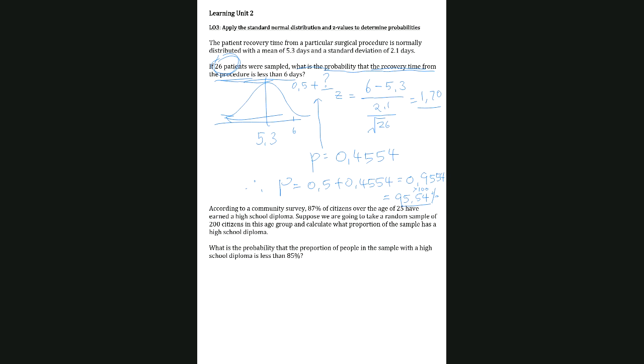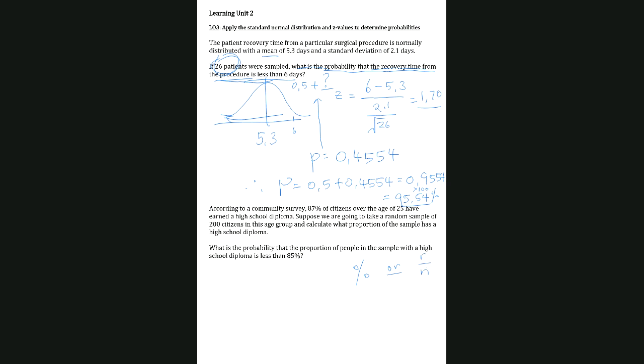Okay, so that's the first question, and this is where we had a mean that we were working with. Then we have in the second question a proportion that we're working with. Now, again, very similarly to something that we had come across in Learning Unit 2 with your binomial distributions, you're going to find here for proportions, you're either going to have a percentage given to you, or they're going to say to you so many out of so many.